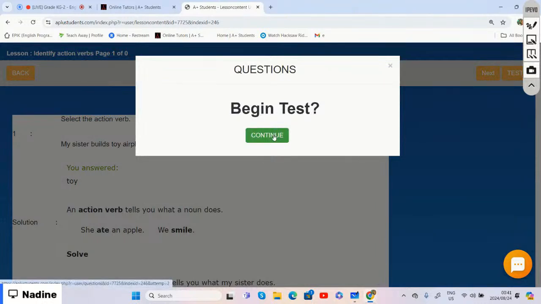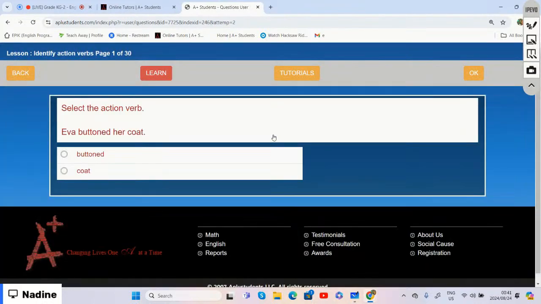where we are going to identify action verbs. And it says Eva buttoned her coat. Eva buttoned her coat. We need to identify the action verb. Is it buttoned or is it coat?